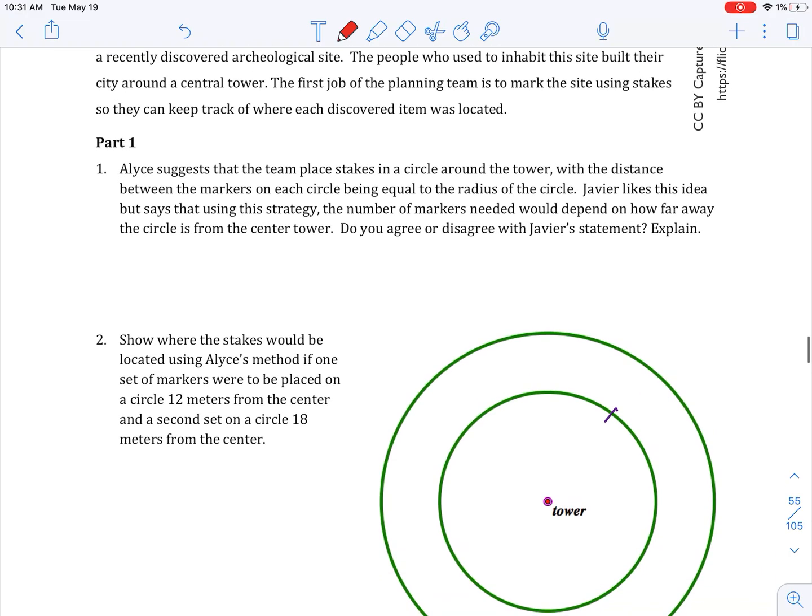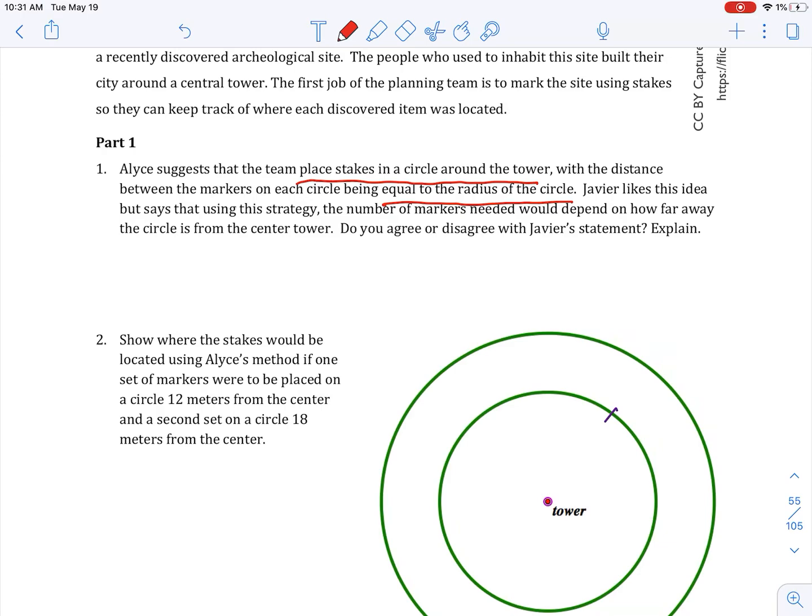Alice suggests that the team place stakes in a circle around the tower, with the distance between the markers on each circle being equal to the radius of the circle. Javier likes this idea, but says that using this strategy, the number of markers needed would depend on how far away the circle is from the center of the tower. Do you agree or disagree with Javier's statement?